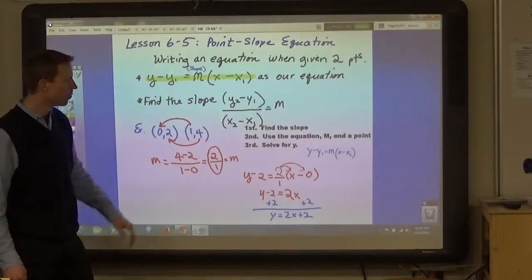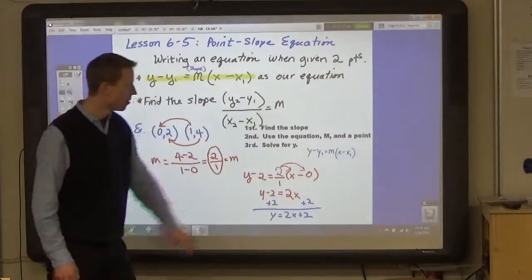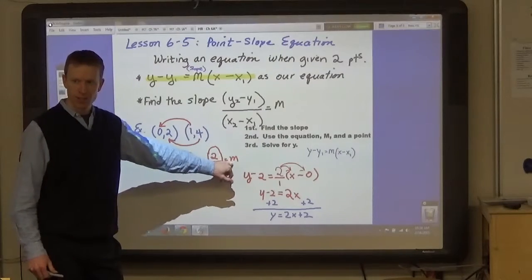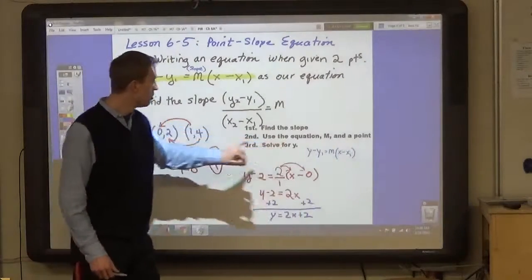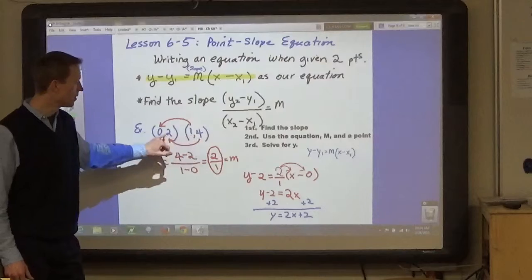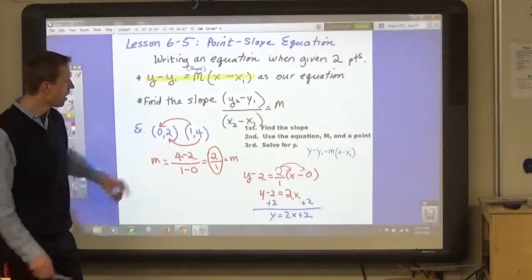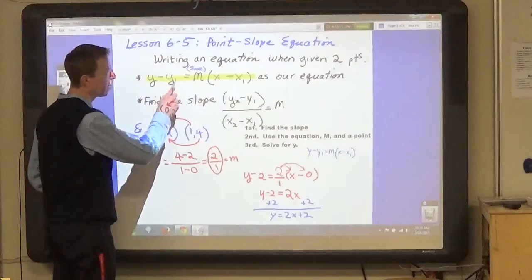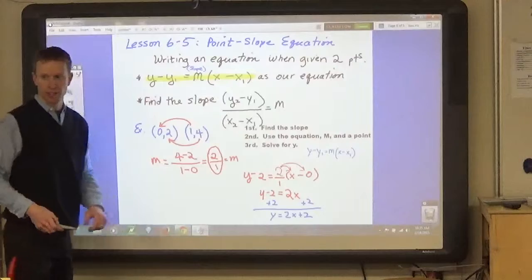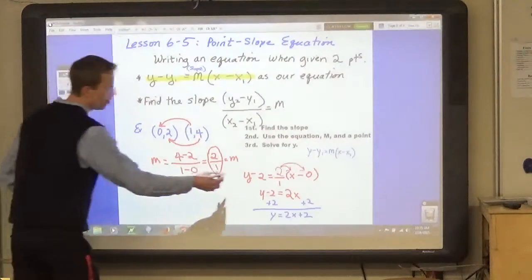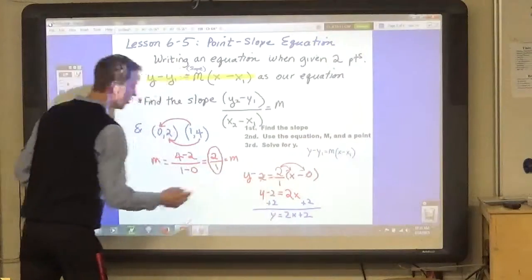Now, we use the equation. We use m, which we found, and we choose one of these points to put into that formula. Those are going to be the y1 and the x1 points. In this case, we chose 0, 2.